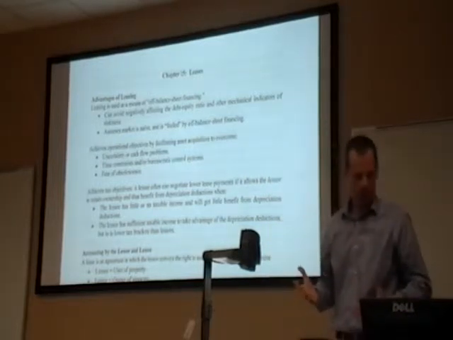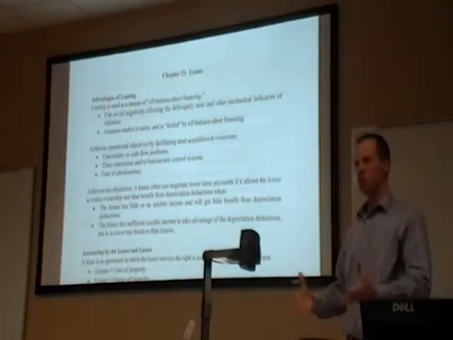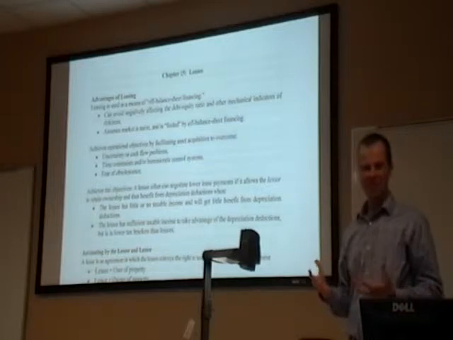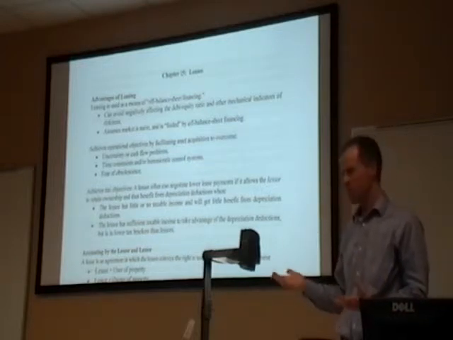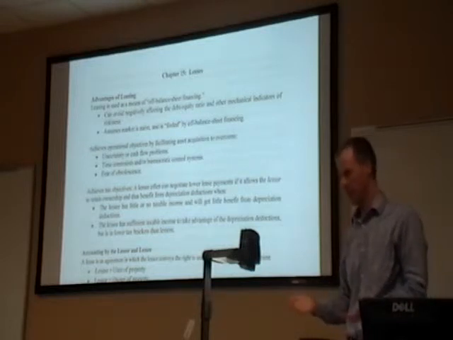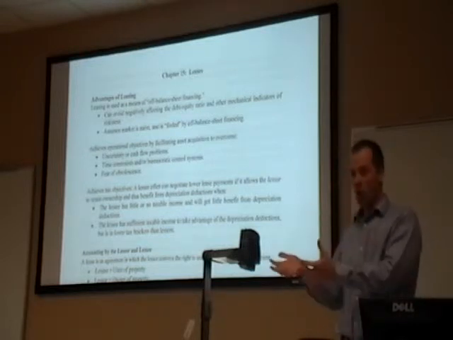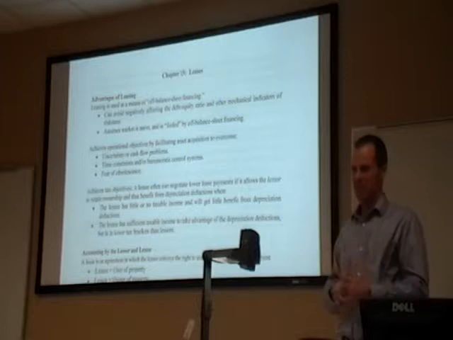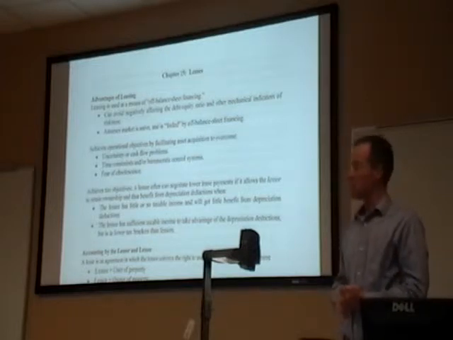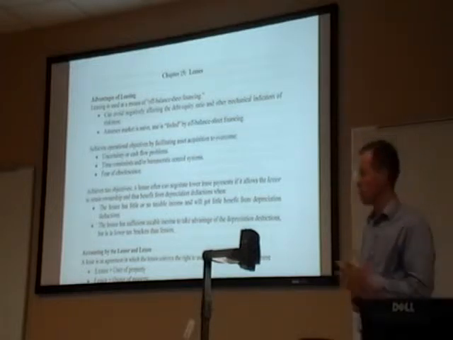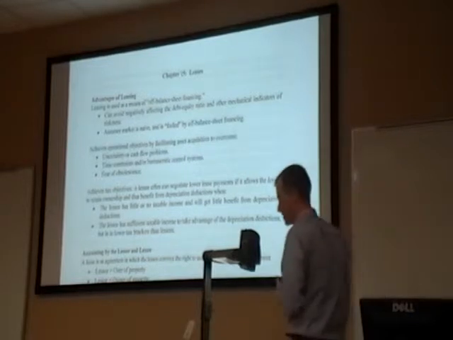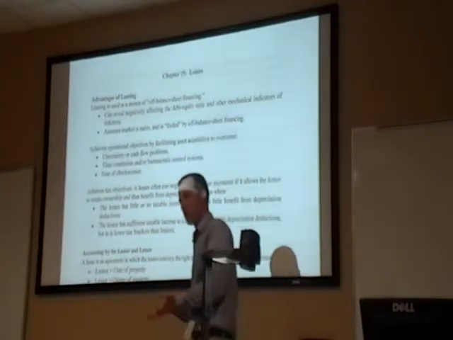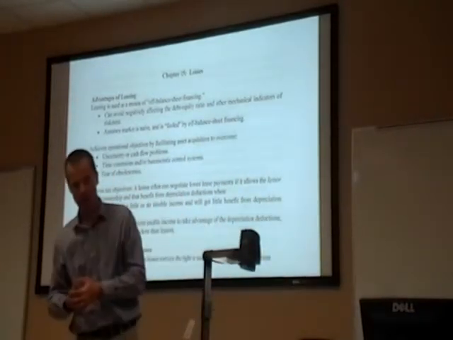So first of all, if a firm is using an asset, they either own it or they're leasing it. That's the only way you can be using an asset for something. And so if you don't own this asset, you must be leasing it from someone else. And depending on how you account for a particular lease, it may show up on the balance sheet or it may not show up on the balance sheet.